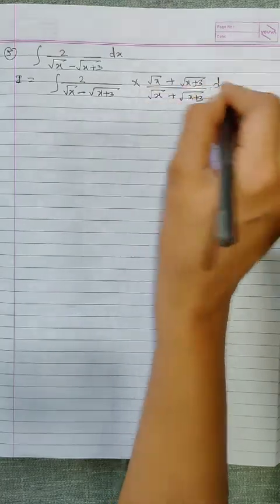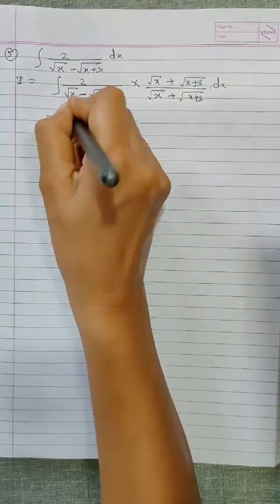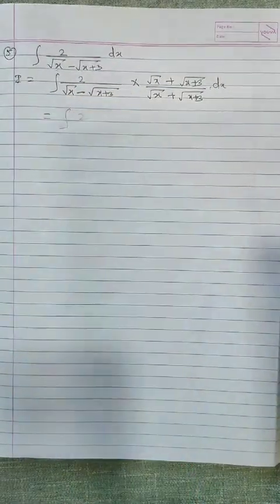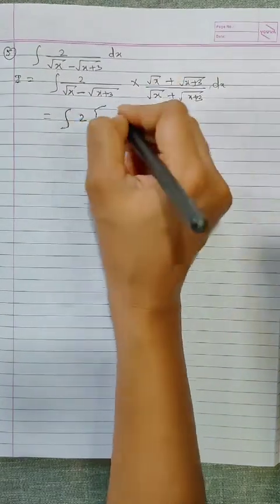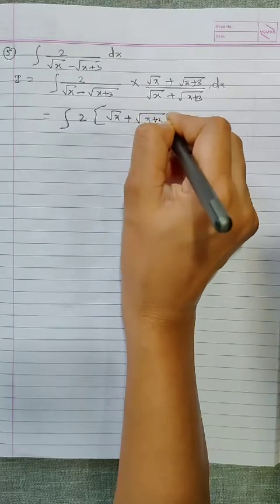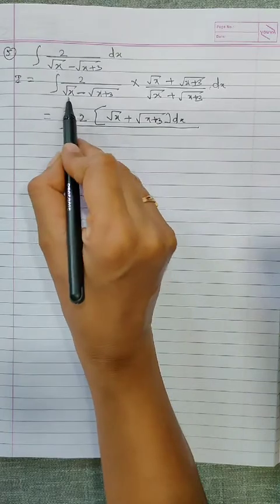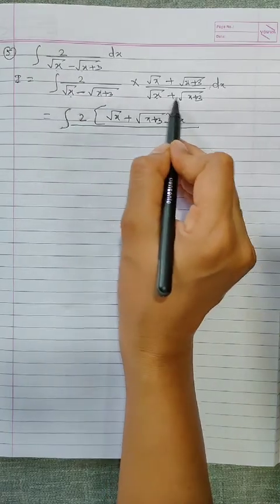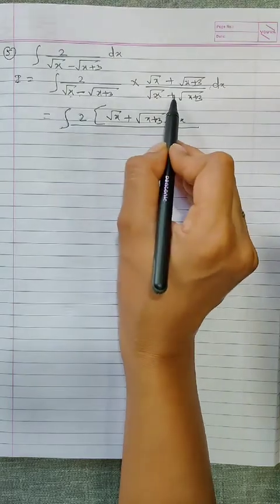All of you know what is rationalization. Now this is equal to 2 into the term in the bracket, which will be root x plus root x plus 3, dx. Now see the denominator, a minus b into a plus b, so it is a square minus b square.